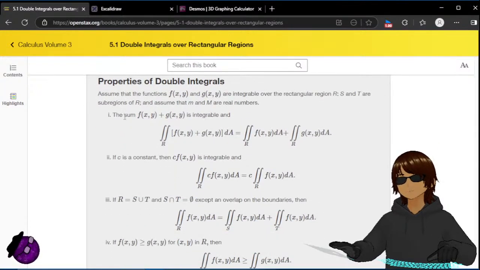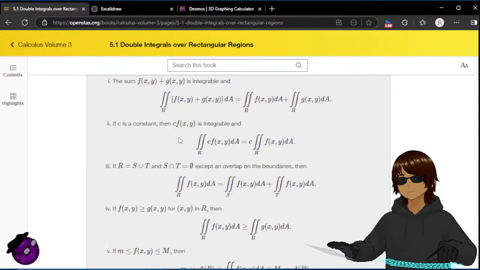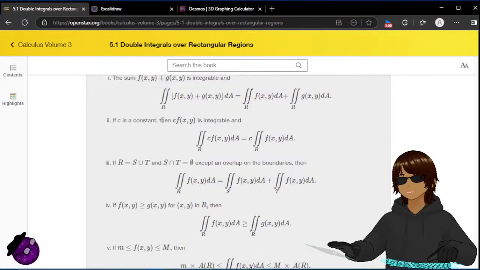Some properties: if f and g are integrable, the sum is integrable and you have this. If c is a constant, then c times f is integrable and we can take the c out.